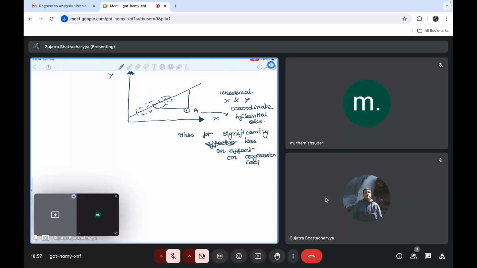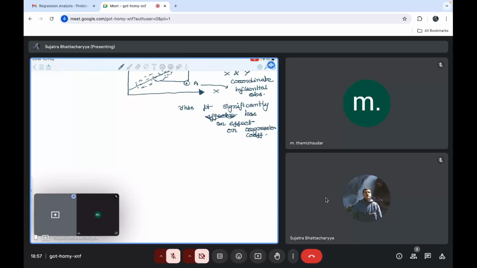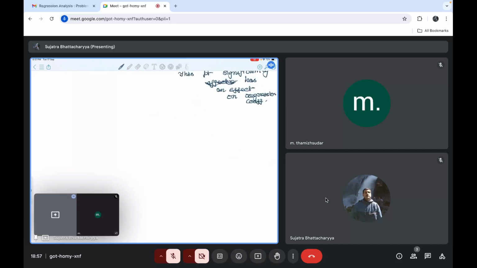So that's why there is a coefficient related test also. Okay, so let us go one by one. What are the different tests for influential observation? The first one is Cook's statistic. Okay, so what is this Cook's statistic? Actually, this Cook's statistic is symbolized as D, which is distance.